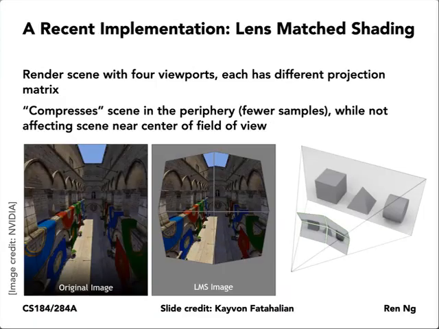Let me show you a picture of that. It turns out that the last solution I described is used in quite a number of current headsets. It goes by the name lens matched shading, which is a bit of a funny name, but if you're interested, you can search for it. The idea is pretty simple. This is a large field of view image that has the problem I described before, where it's pretty distorted in the corners.